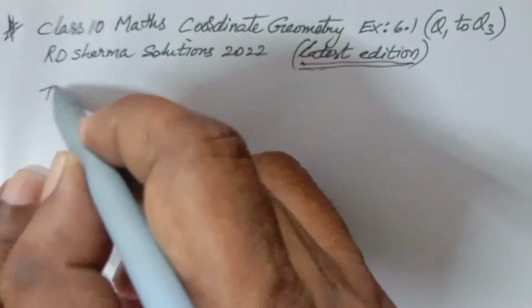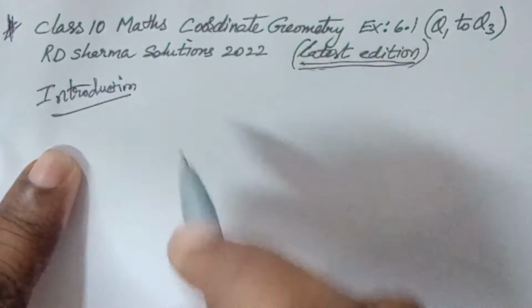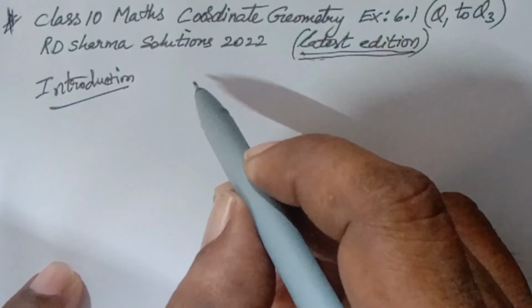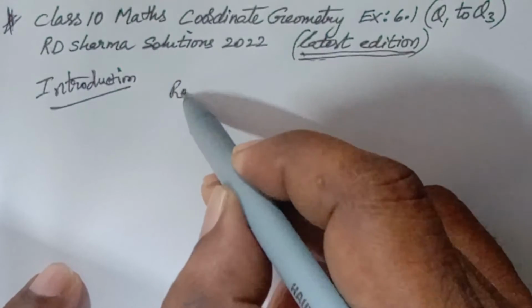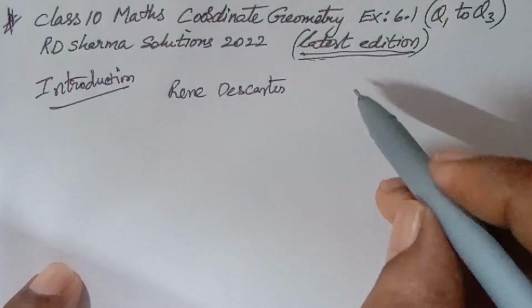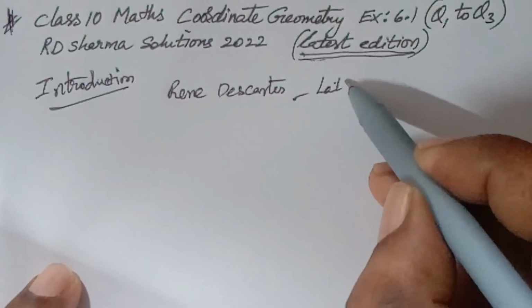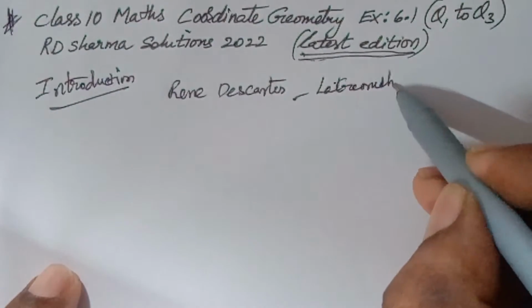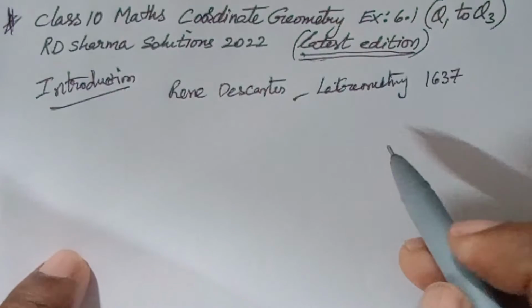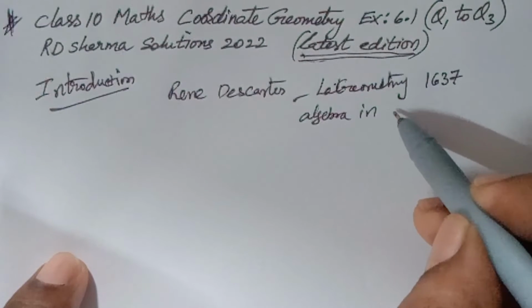Before going to this topic, let us see the introduction to this topic. The mathematician René Descartes, in his book La Géométrie, published in the year 1637, used algebra in the study of geometry.